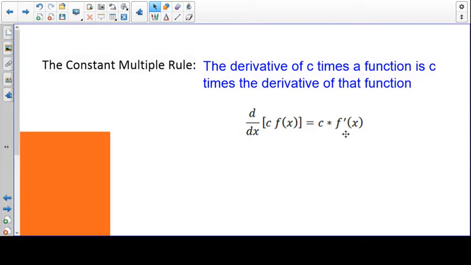That notation is saying that I'm taking the derivative of whatever that function is. Now remember, functions are some sort of equal sign with an expression. For example, y is equal to x squared minus 2 plus 3. So finding the derivative of that function.